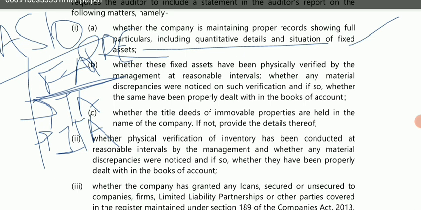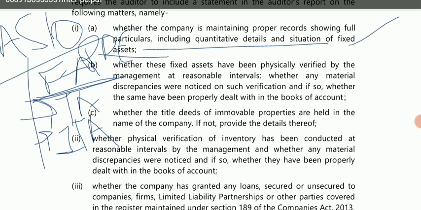This is also one of the most important parts, that for any fixed asset, there should be a proper physical verification done by the management at regular intervals so that the management can update or renovate. The management can either just remove that machinery, or it can repair that machinery, because fixed assets are not only machinery, but any fixed asset. So these fixed assets should be reviewed at a particular point of time at regular intervals.